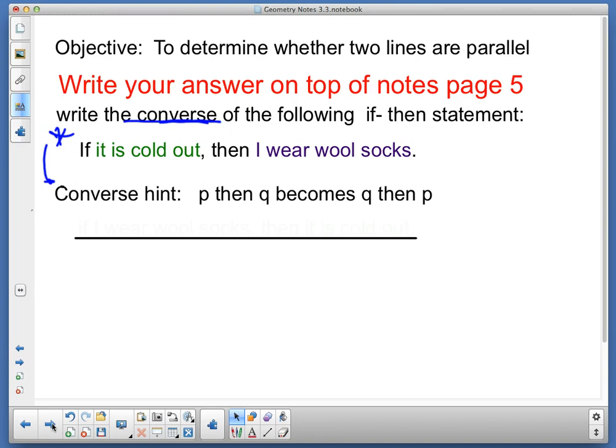At the top of the page, on page 5, I would like you to answer this question. I'm asking you to write the converse of the statement. The original statement is: if it is cold out, then I wear wool socks. I want you to write the converse of that statement.